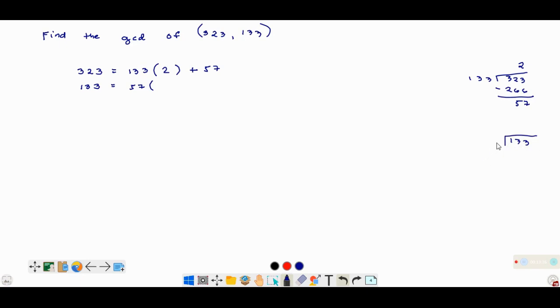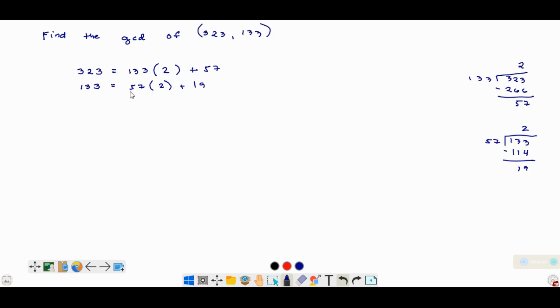I am doing my computation. 133 divided by 57 is equal to 2. 2 times 57 is equal to 114. Get their difference. You will end up with the remainder 19. So write their quotient here, 2, plus the remainder 19.